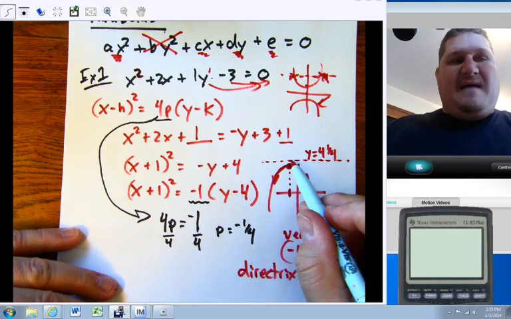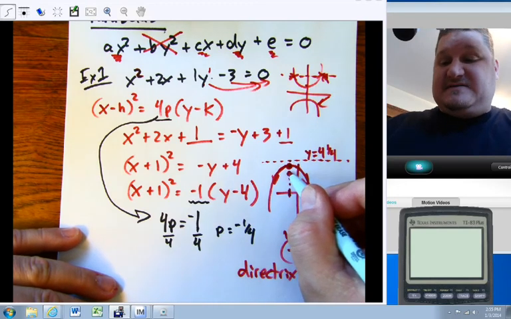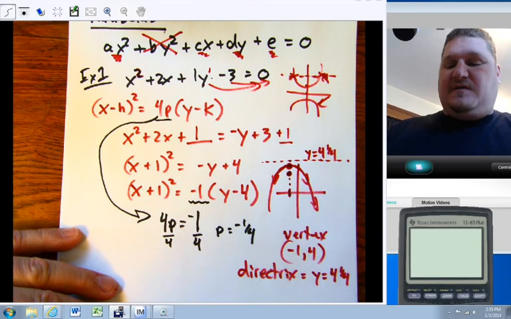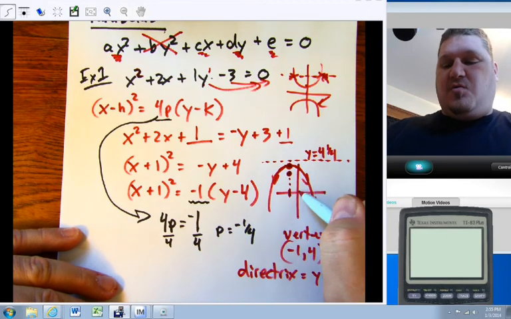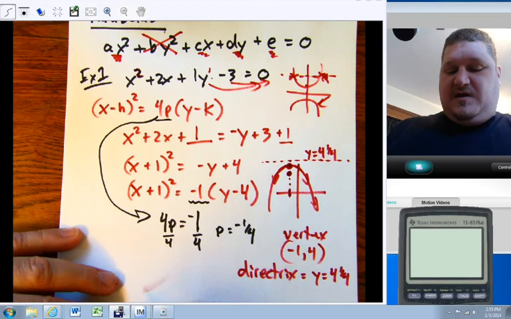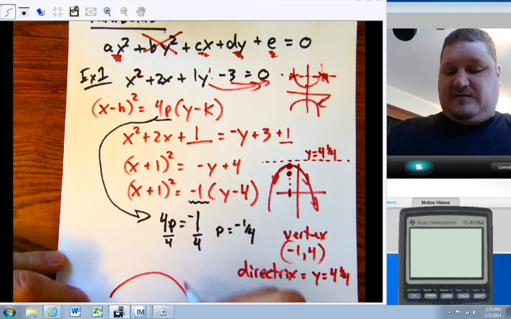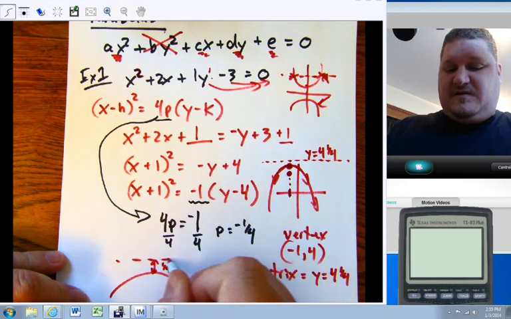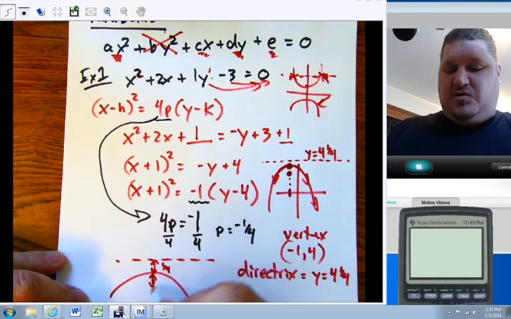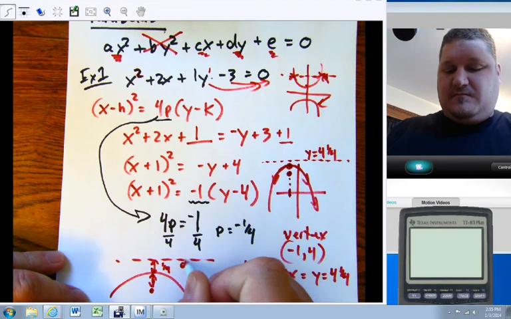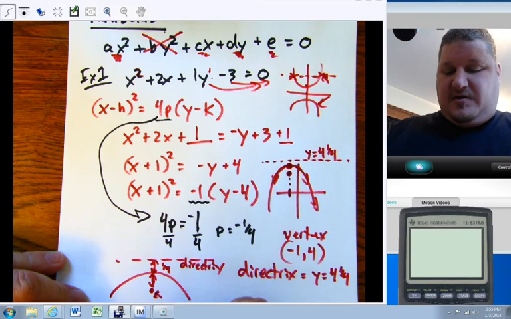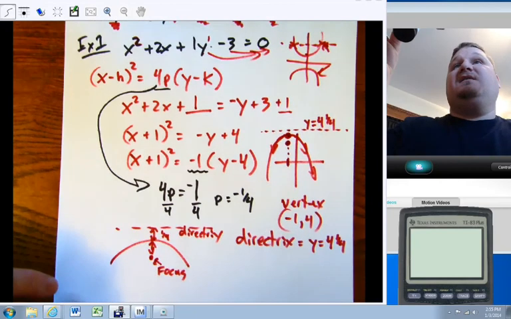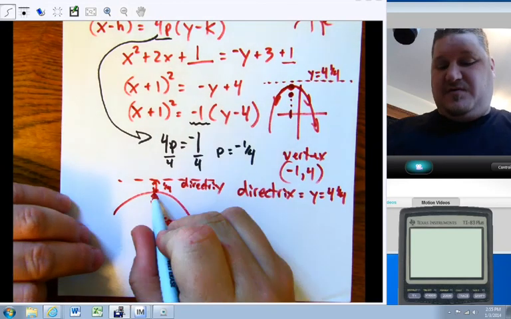It's going to be balanced by a point on the inside. That point on the inside is going to be down a quarter. So if we look only at this vertex, we go up 1/4 to the directrix, and we go down 1/4 to this point here called the focus. The focus in our case is going to be a quarter unit below the vertex.